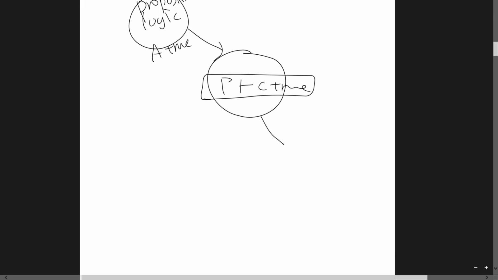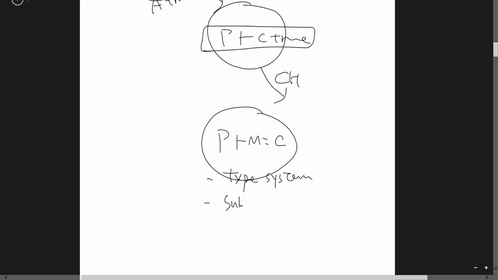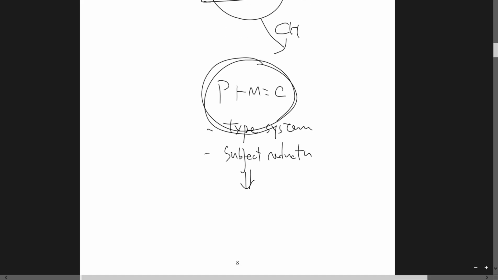And then you applied the Curry-Howard isomorphism. First you obtained this typing judgment, or type system. And we have also seen subject reduction. So perhaps you can use this type system as the foundation for the type system of your programming language.